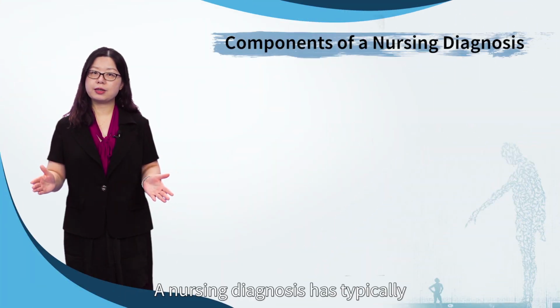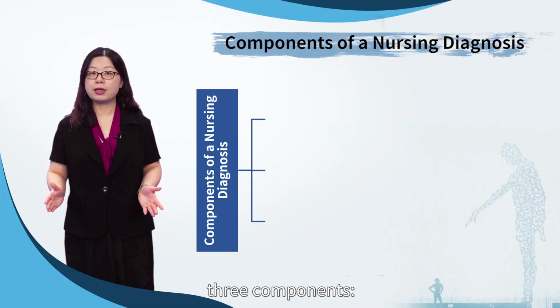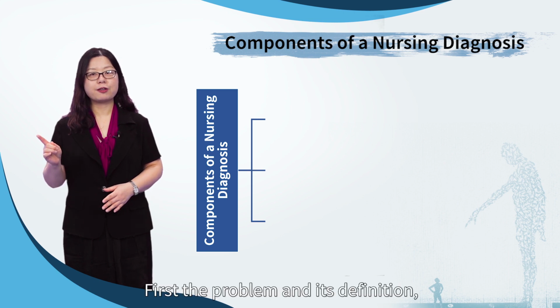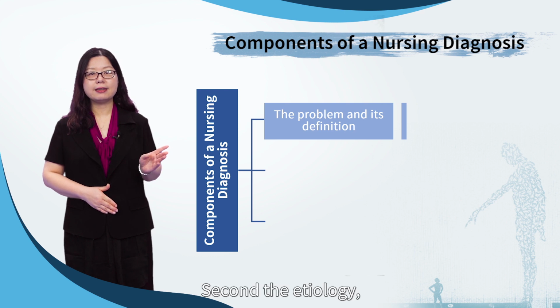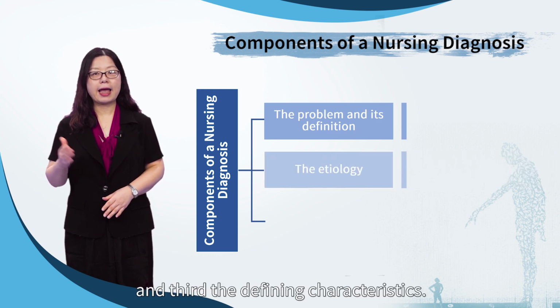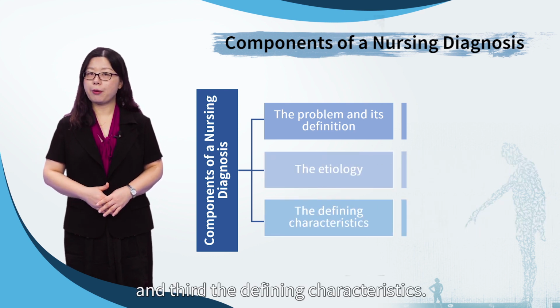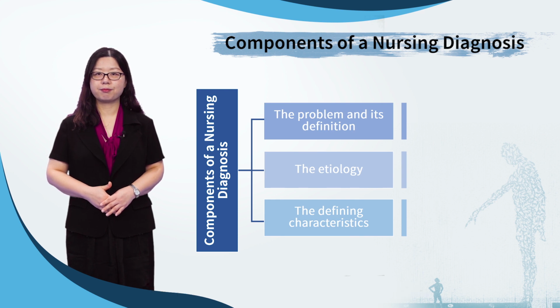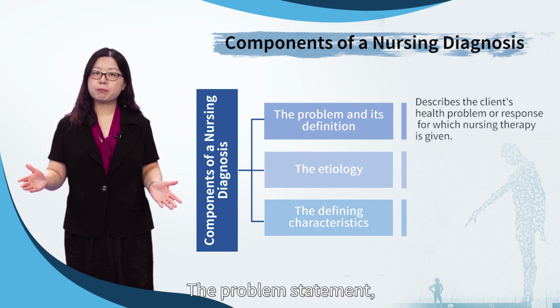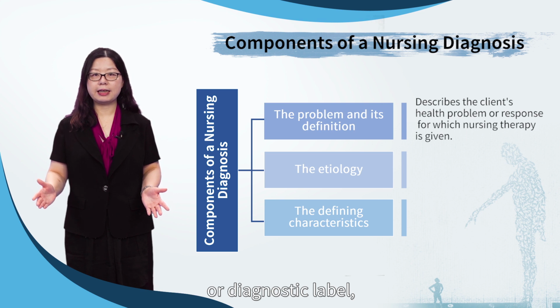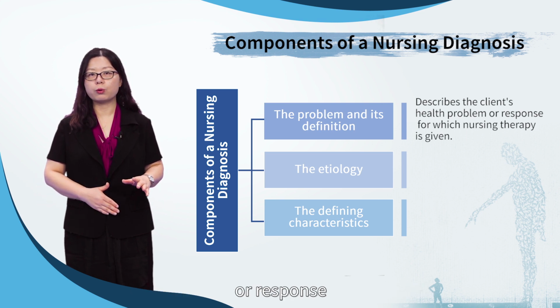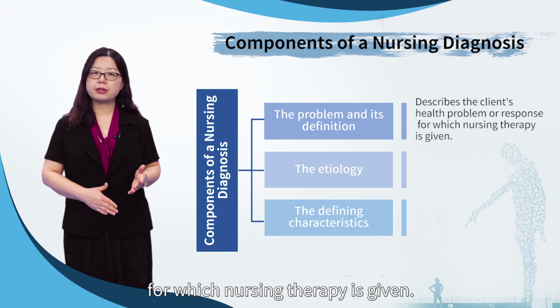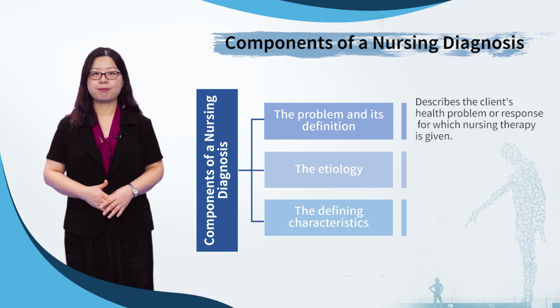A nursing diagnosis has typically three components. First, the problem and its definition. Second, the etiology. And third, the defining characteristics. The problem statement or diagnostic label describes the client's health problem or response for which nursing therapy is given.